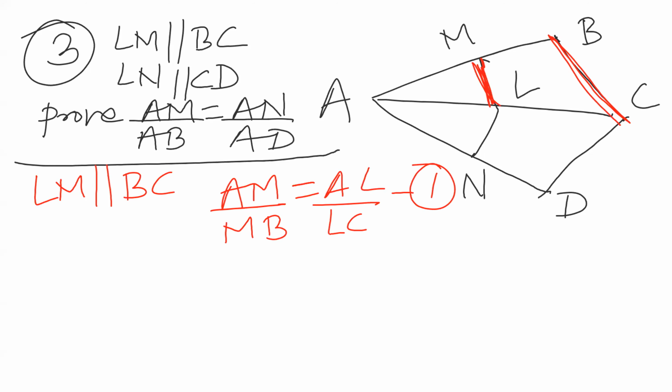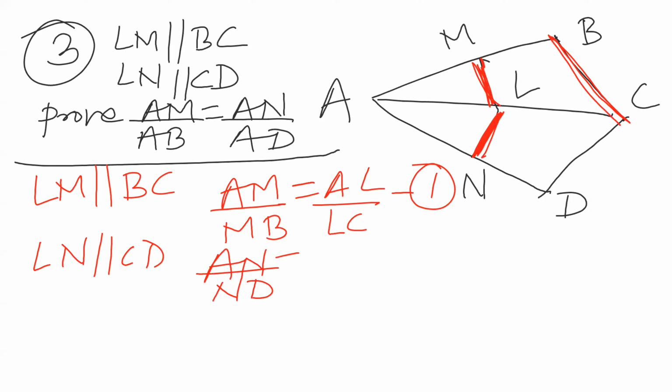Now, similarly, LN parallel to CD. Now see in the other triangle. So again applying the basic proportionality theorem, AN by ND equal to AL by LC, correct? So from equations 1 and 2, what do we conclude?